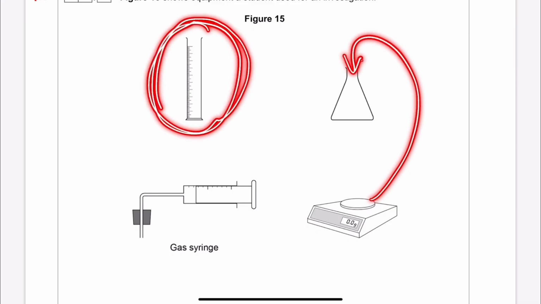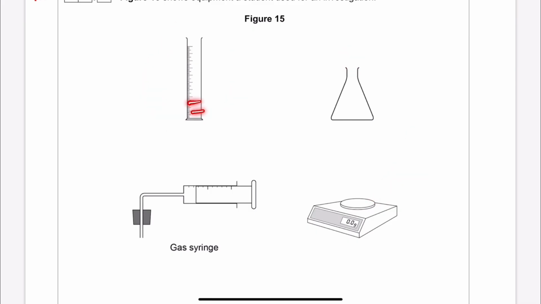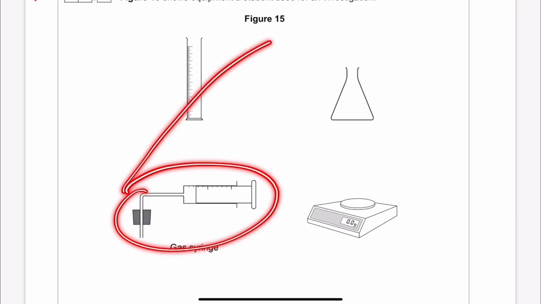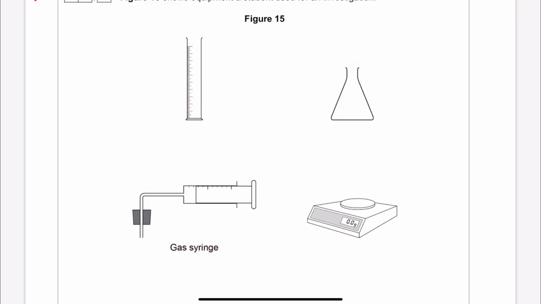With the help of this measuring cylinder, we will measure a fixed volume of hydrochloric acid, and we add the hydrochloric acid into the conical flask which already has calcium carbonate. As soon as we add hydrochloric acid in the conical flask, we will put the gas syringe along with the stopper immediately so the carbon dioxide is not escaping from the conical flask.